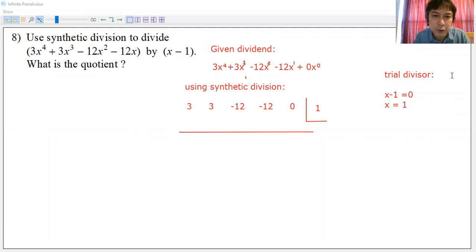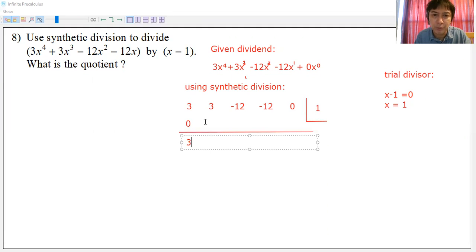Then our first add-in, it's a 0. And our first sum is between 3 and 0. 3 plus 0 is 3. And then the product of 3 and 1 now. The first product is 3 times 1, which will be positive 3.